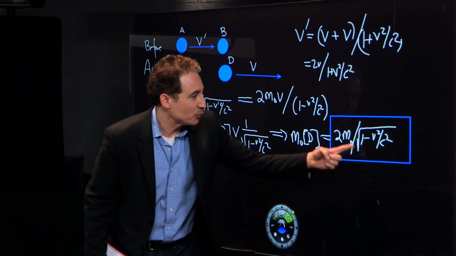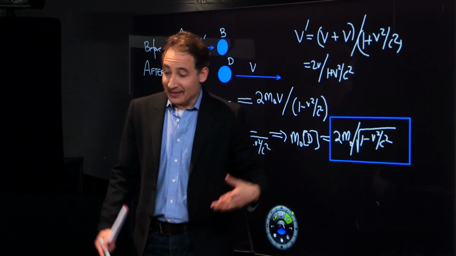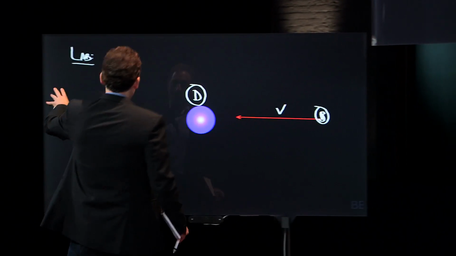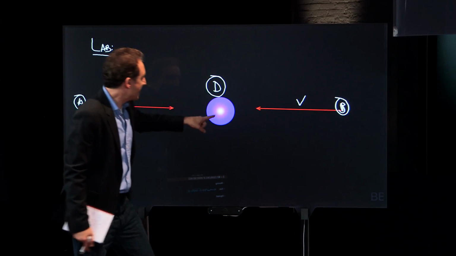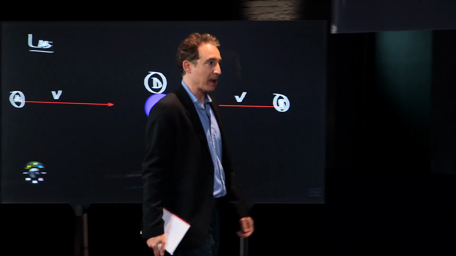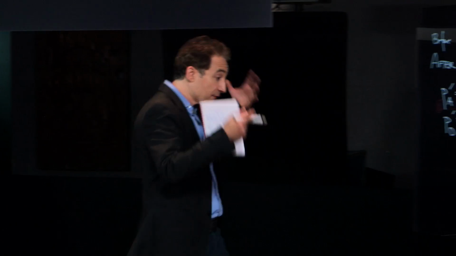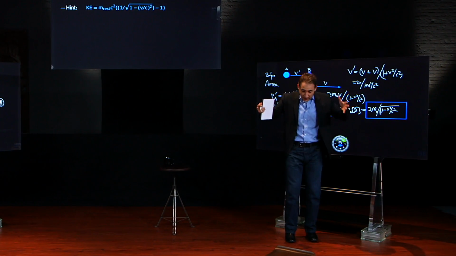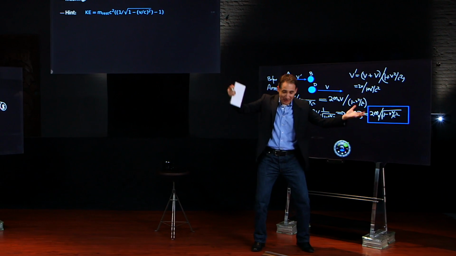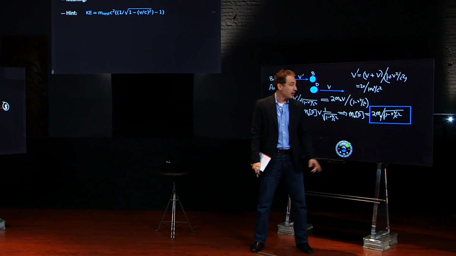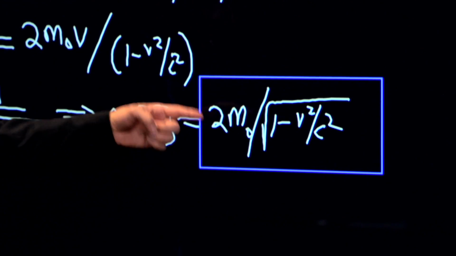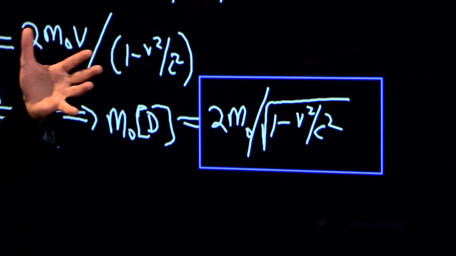This expression right here is showing us that the kinetic energy of A and B as they collide with one another is being transmuted into an additional amount of rest mass of particle D. You would have thought that the rest mass of particle D, you just add up the mass of A and the mass of B to get 2m0. But we don't have 2m0. We have something bigger by the factor gamma.